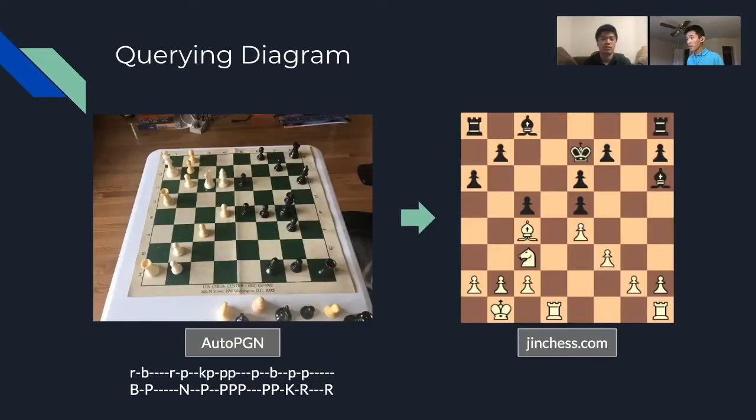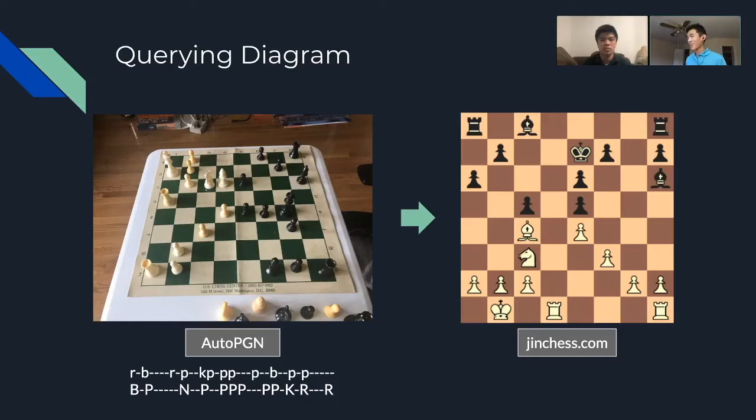And so the final step of all of this for the first frame is to create a diagram to replace the human expert from the very, very start of this presentation. So with the process of board detection that Kevin Chung described and piece detection that I just explained, we get a string in standard algebraic notation, or SAN, where lowercase letters are black pieces, uppercase letters are white pieces, dashes are blank squares, and each piece is represented by the first letter of its name, except for knights, which are N's, because kings take K's.